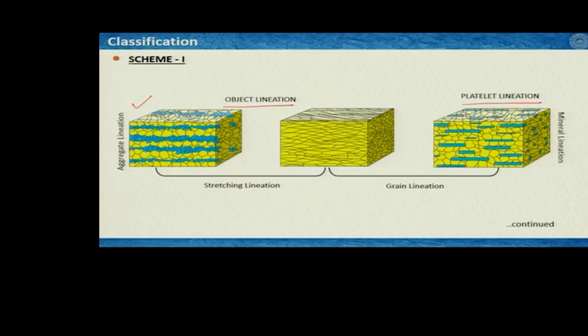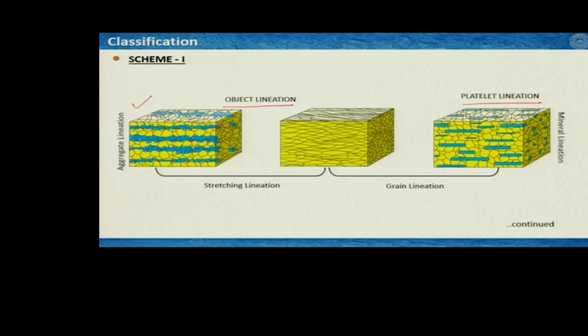Now, I have given this in three dimensional block diagrams simply because you see that on this plane the orientation of these fine grained blue crystals is defining your lineation. But on this plane you see that these are not continued. So, these are like this.